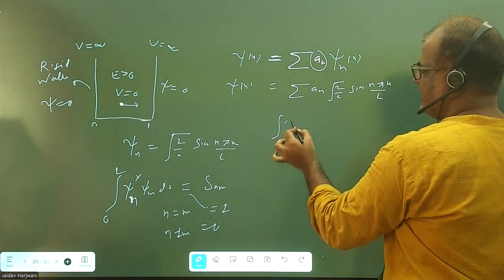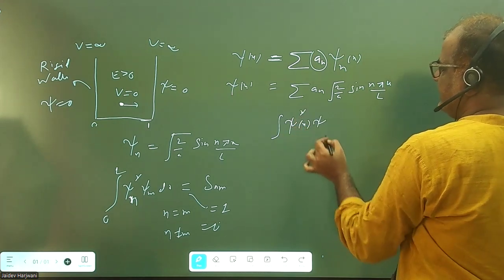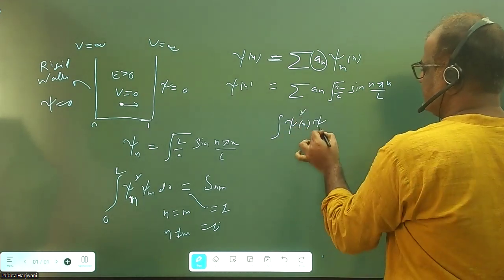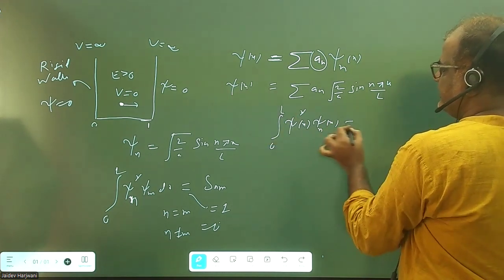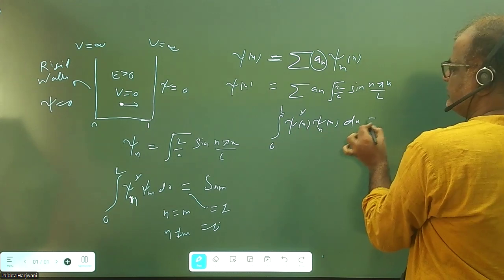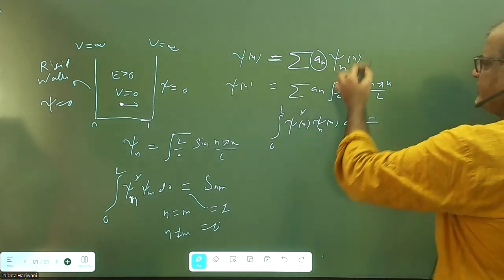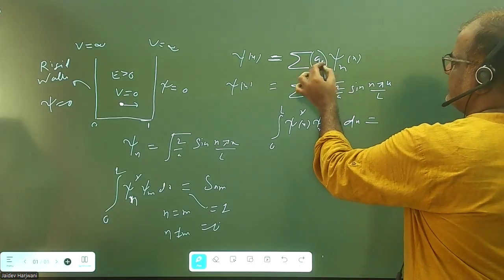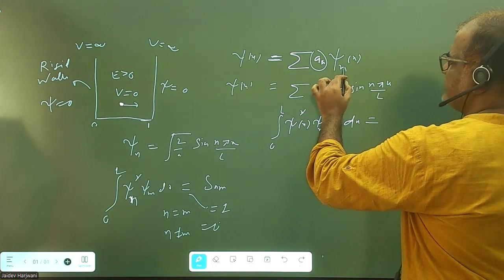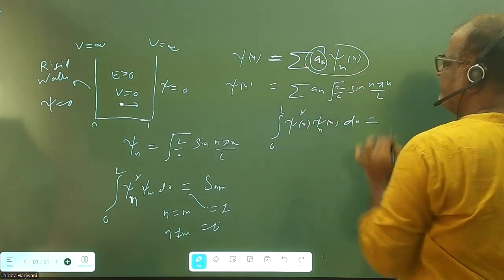We know that if I integrate psi n star of x with psi of x, because these functions are orthonormal, only the component of psi n on psi x remains.